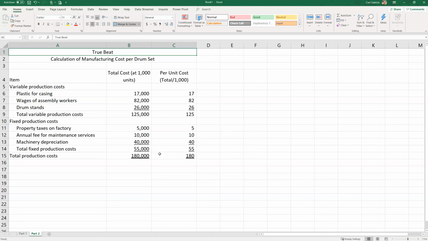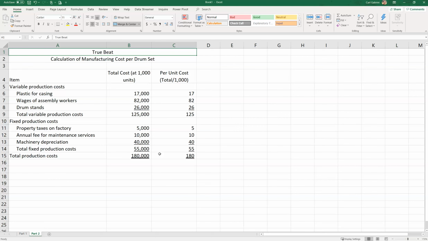What do you predict will be the total cost of plastic for the casings and the per unit cost of the plastic for the casings? And so what do we think if we went from 1,000 to 1,200? What would happen?